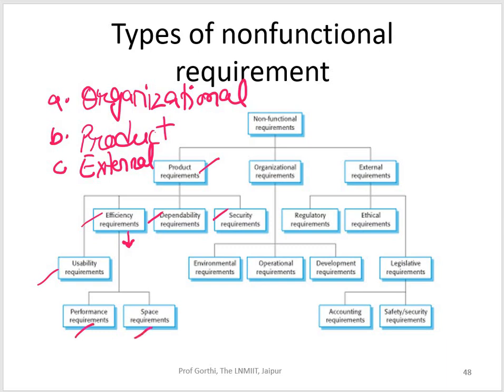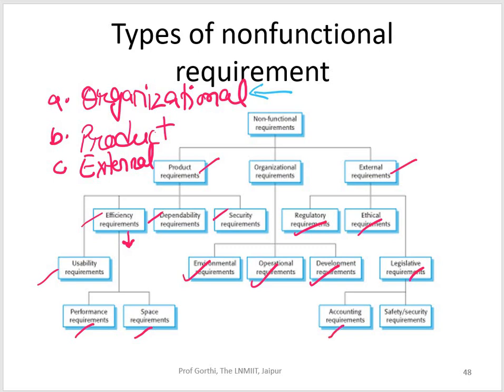These are three broader categories of non-functional requirements. Then the product is further classified into usability requirements, efficiency requirements, dependability requirements, and security requirements. And efficiency is further classified into performance requirements and space requirements.